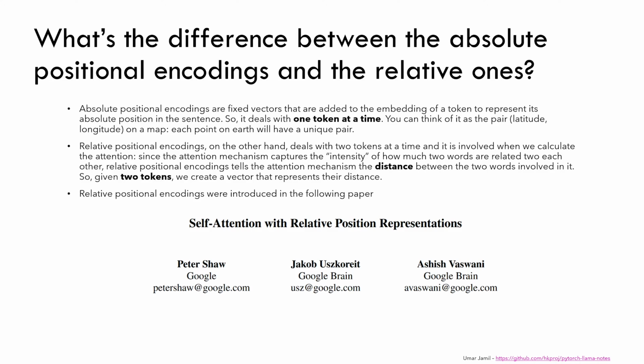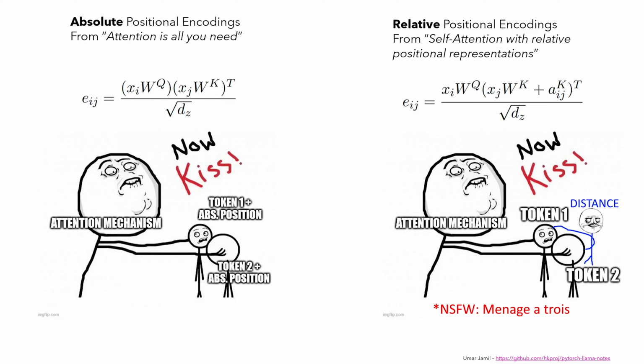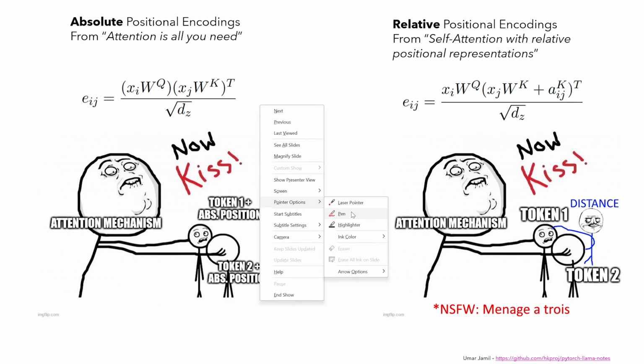Relative positional encodings were first introduced in the following paper from Google. And you can notice that Vaswani, I think, is the same author of the transformer model. Now, with absolute positional encoding, from Attention Is All You Need, let's look at the dot product in the attention mechanism. If you remember the formula, let me write it.